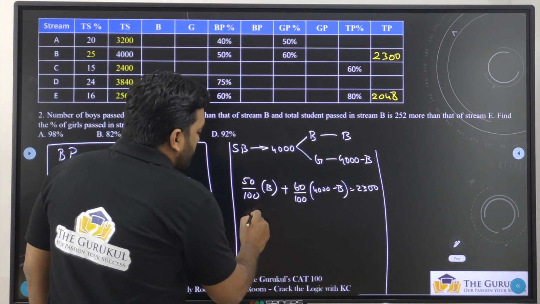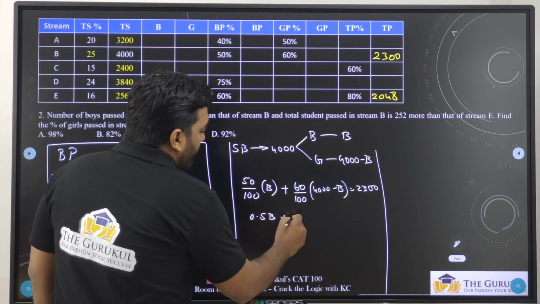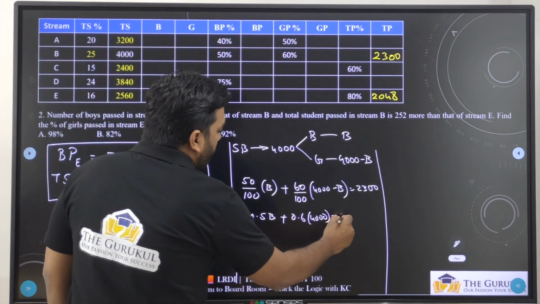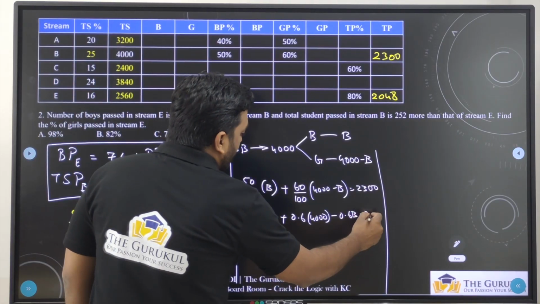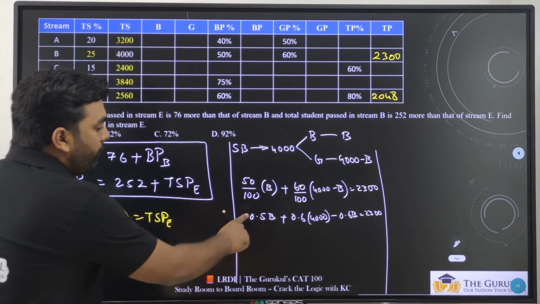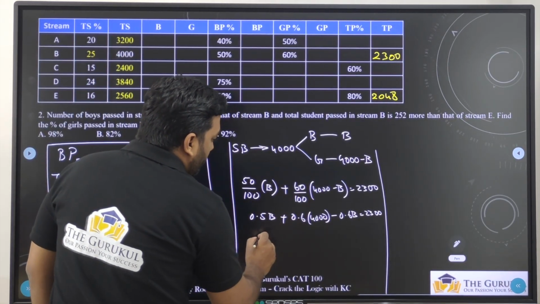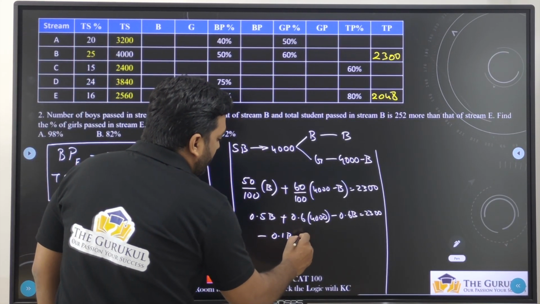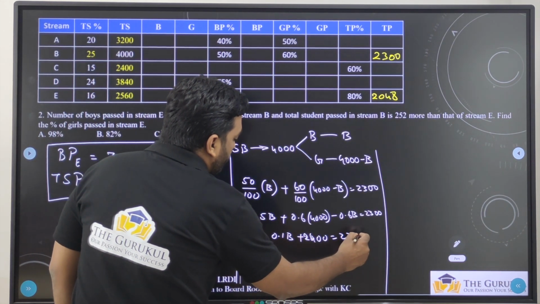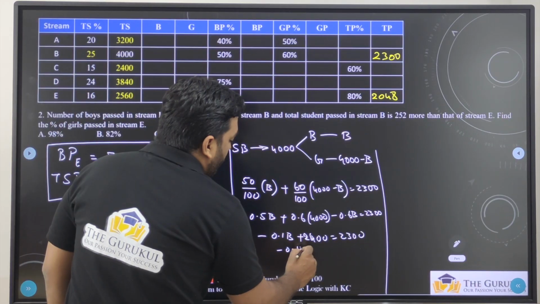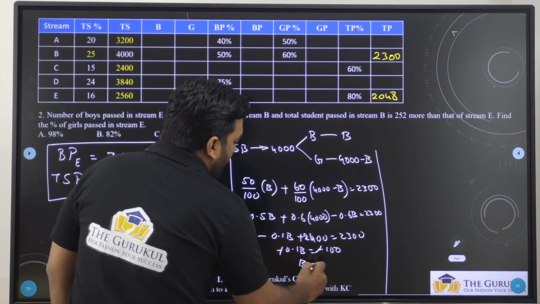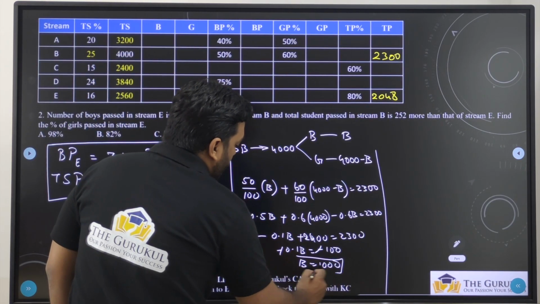So this will be 0.5B plus 0.6 into 4000 minus 0.6B equal to 2300. If I subtract, this will be minus 0.1B plus 2400 equal to 2300. Minus 0.1B equal to minus 100. B will be equal to 1000.